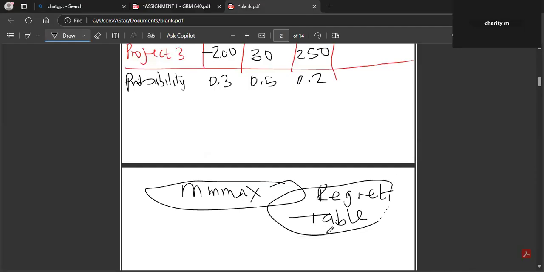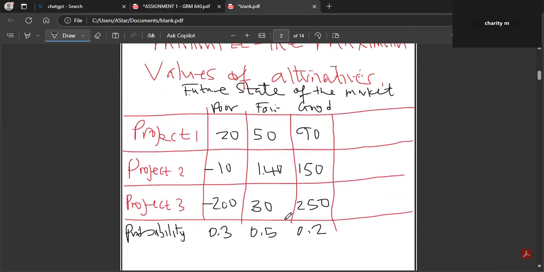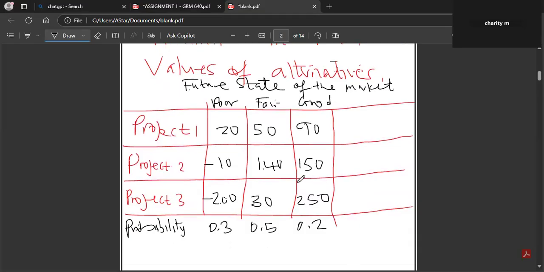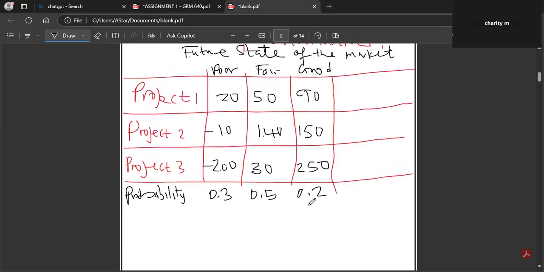So what we do for minimax is that in each project, you need to subtract from the largest value.